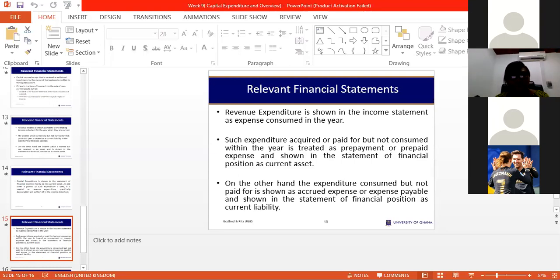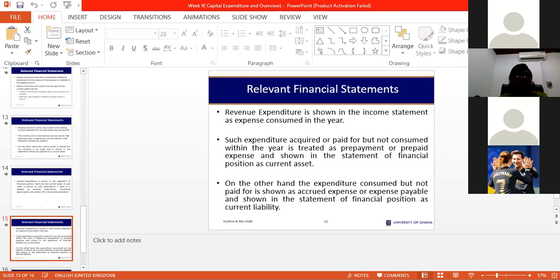On the other hand, sometimes we also consume the expenditure, and yet not paid as at the end of the accounting period. So water bill, most often we do postpaid. We enjoy the water before we pay.